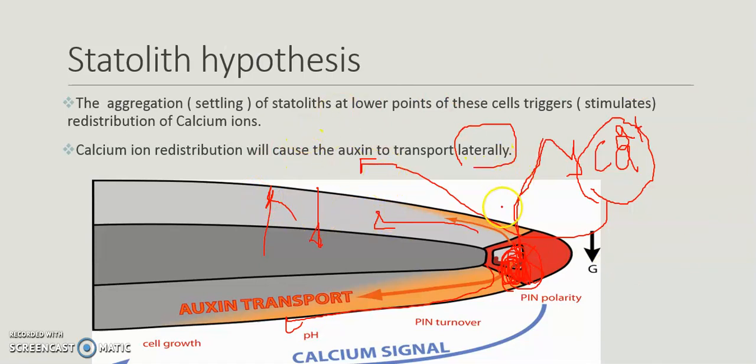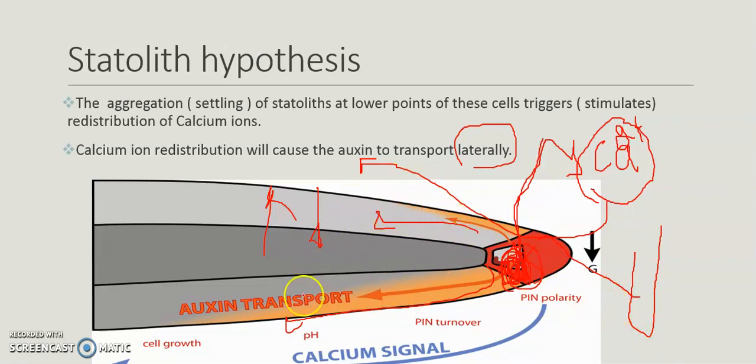When auxin is getting transported, the calcium ions are also redistributed. Redistribution means they were already in the vertical position, and once the plant is turned horizontally, they have to be redistributed.